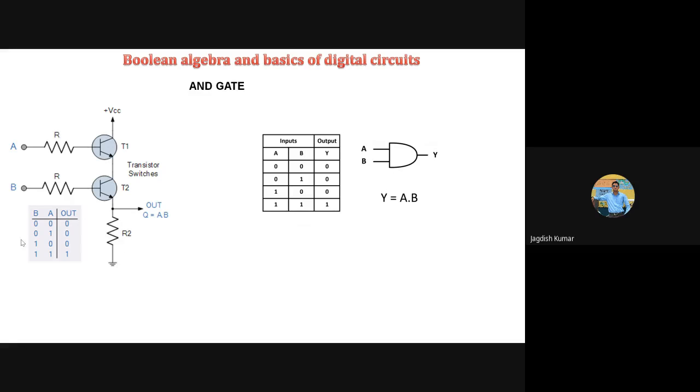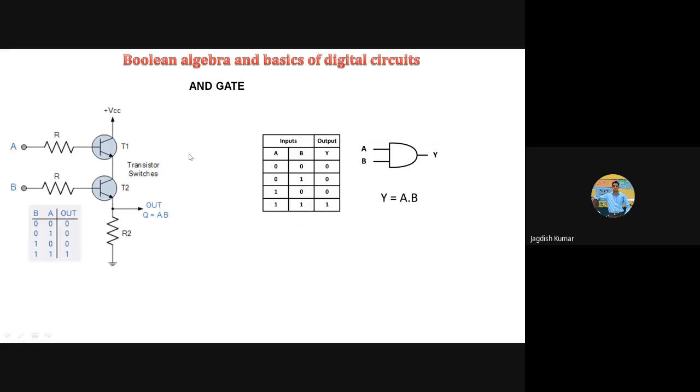Now, if you make any one of the inputs 1, let us say A is 1. Whenever A is 1, this transistor will be turned on, because now the emitter-base junction is forward biased. But only this transistor is on. So if you measure the voltage here at this point, it will be 1 or high, that is 5 volt or VCC, whatever it is.